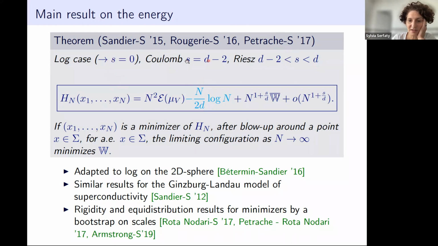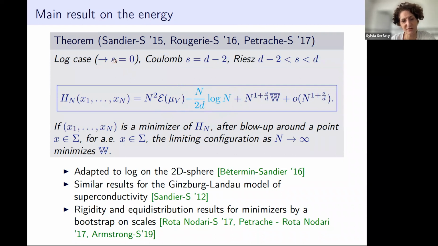And so in all these cases, as long as it's Coulomb or super Coulomb, we find an expansion of the energy to next order. So you remember the leading order term, n squared times the E of the equilibrium measure. So this was the Frostman computation that I had shown you. Then there is a term that's in light blue because it only arises in the logarithmic cases.